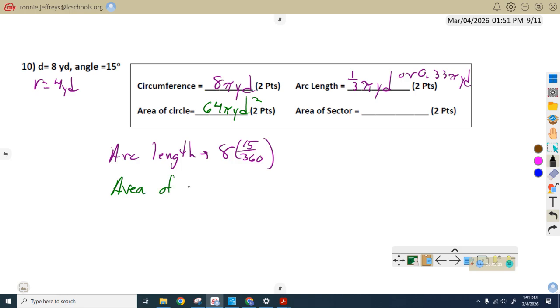Area of sector. Shoot. Okay, so 64. Alright, so this would be 8 over 3 pi yards squared.